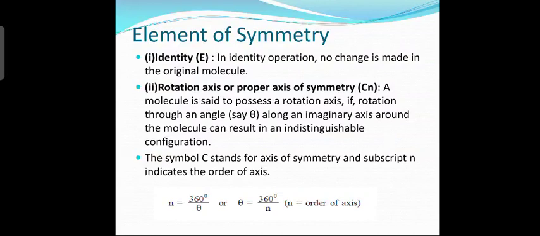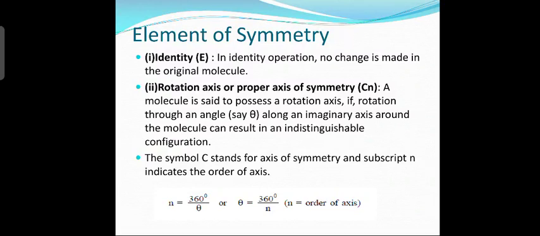You can rotate the molecule through an imaginary axis by an angle theta, which may be any angle between 0 and 360 degrees. So you are rotating the molecule by some angle, and the resulting molecule has the same configuration as the original molecule. That is called rotation axis or proper axis of symmetry.